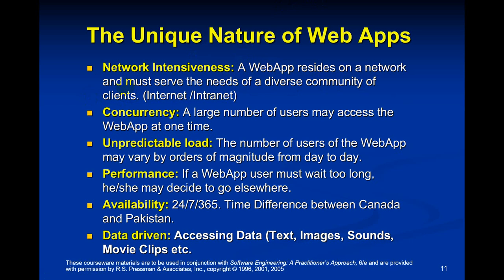Then we have the concept of internet and intranet. I'll teach you, but you must know the difference between these. Internet is the network of networks, like our network of IIUI is connected with the whole world, the other networks, but the intranet is within a network.